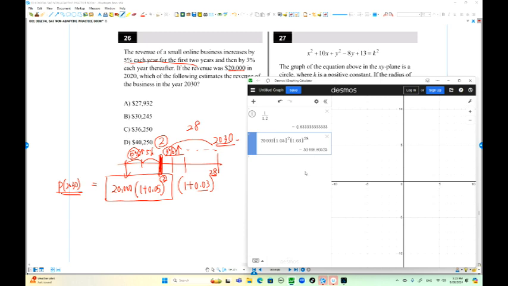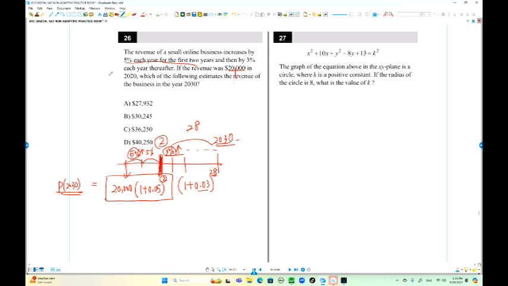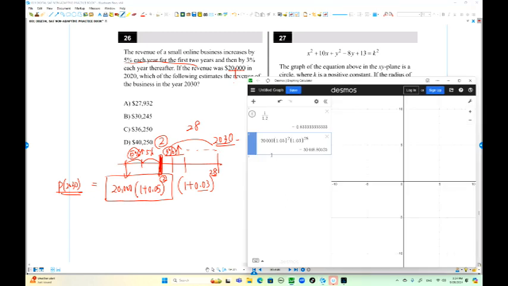Oops, we don't have the answer there. Let me check. It's 20,000, 5% every year, and 3%. Let me check. 20,000. Oh, okay. It is correct. Let me see. 1.05, 2 years.